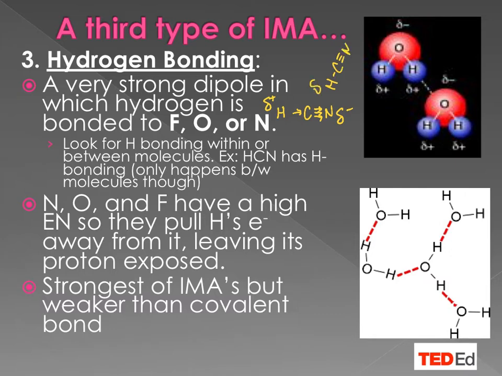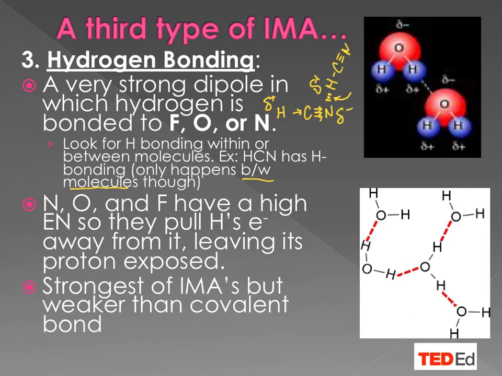So this slightly positive end would be facing that, and we'd have this intermolecular attraction going on between this nitrogen right here. So we would have a hydrogen that is being attracted to a nitrogen. And again, this is an intermolecular attraction, not intramolecular, when it happens between the neighboring molecules.